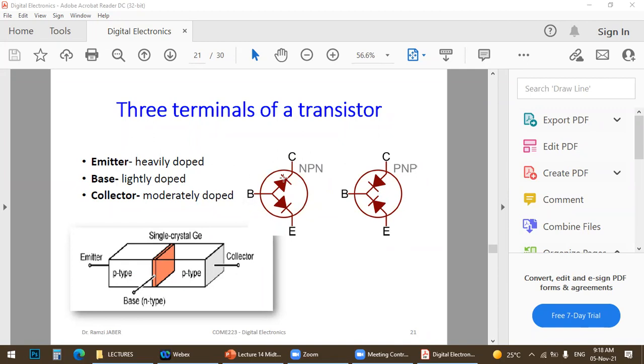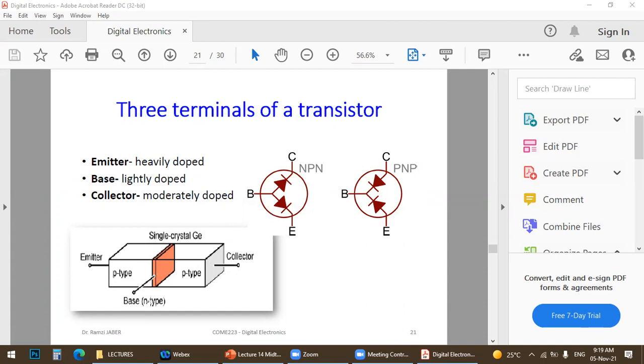The emitter is heavily doped. The base is lightly doped. The collector is moderately doped. So this is for PNP. As you can see, we have a small n-type in the base to let the current pass from collector to emitter.